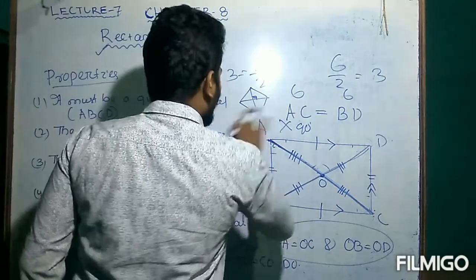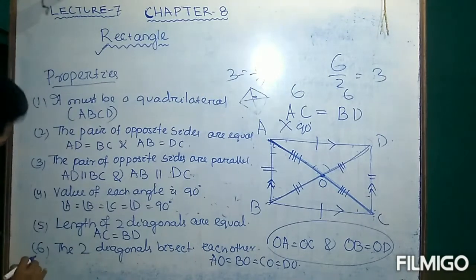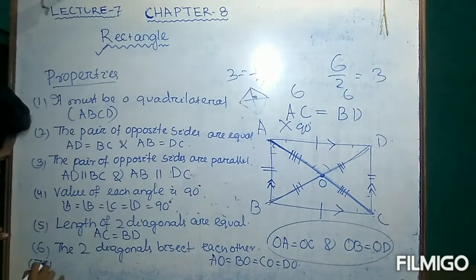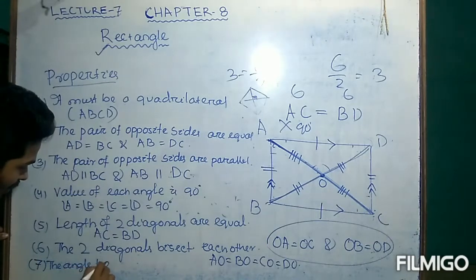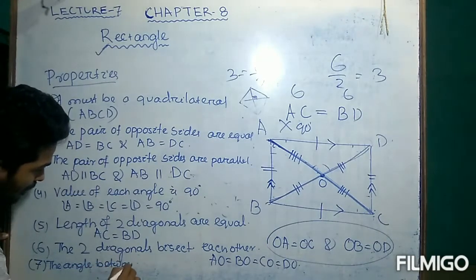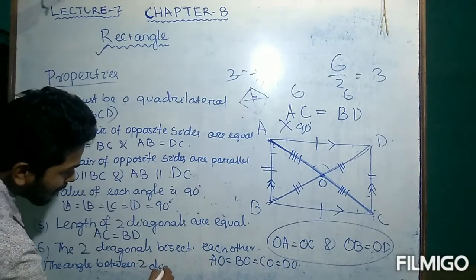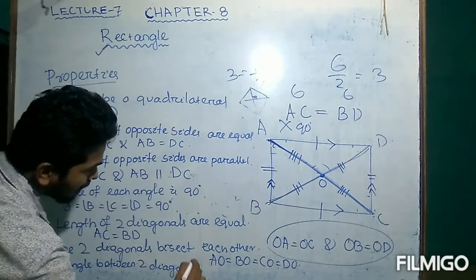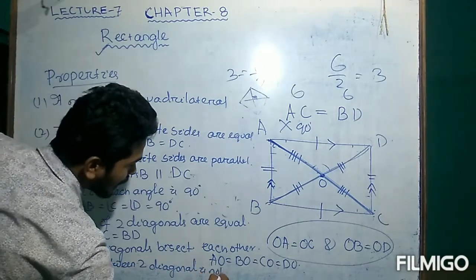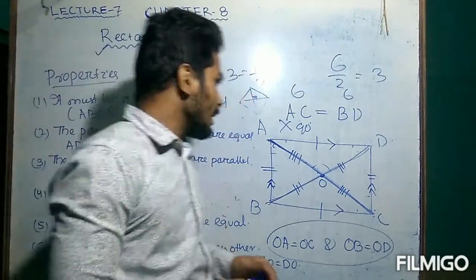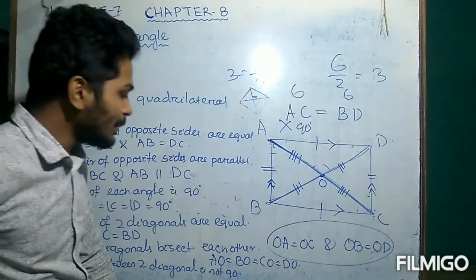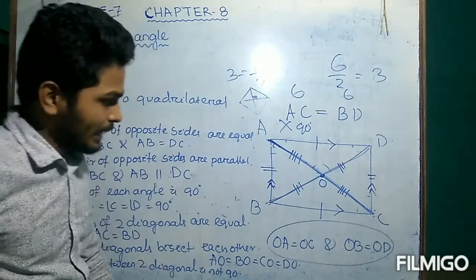Okay, so you can write it as property number 7. The angle between two diagonals is not 90 degrees. Okay, that is clear.